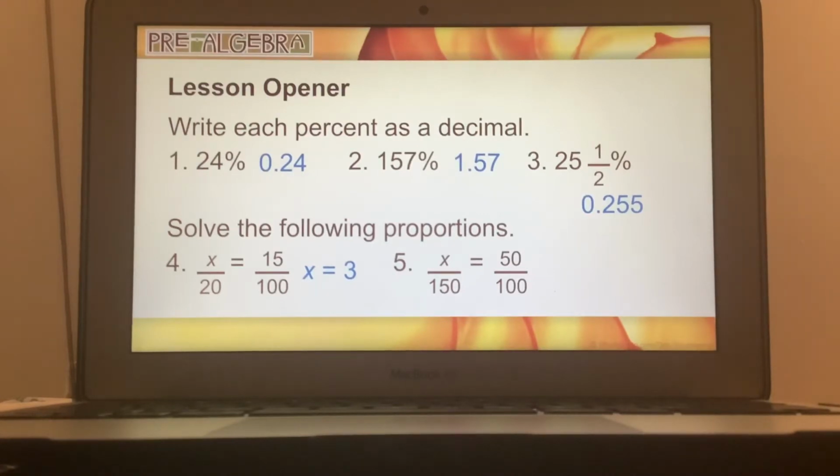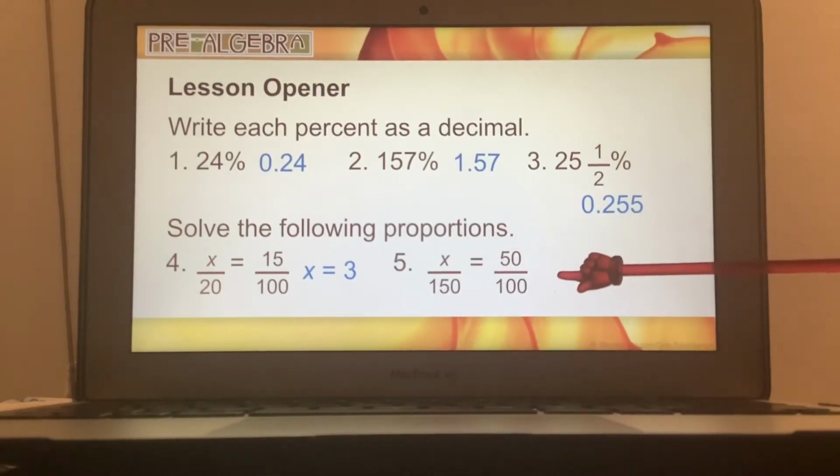For number 5, sorry, I don't have the steps written out here, but I think you can follow this pretty easily and you can do it on your paper as you're working through this. You're going to cross multiply again to solve for x. So when we cross multiply again, we have 100 times x.